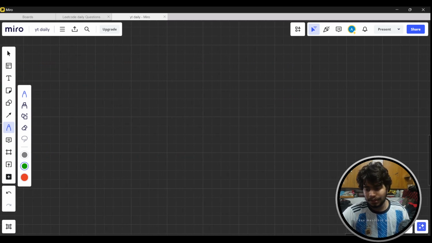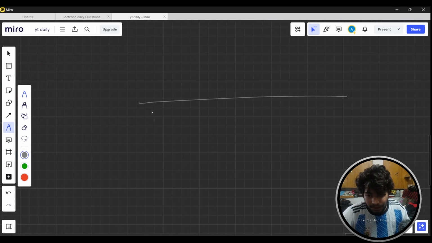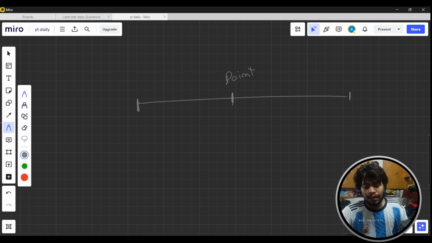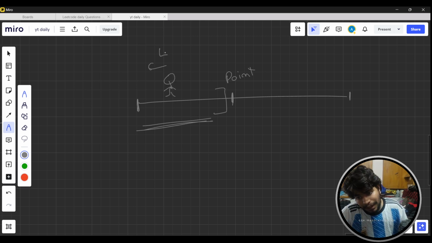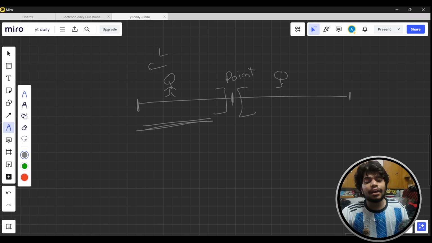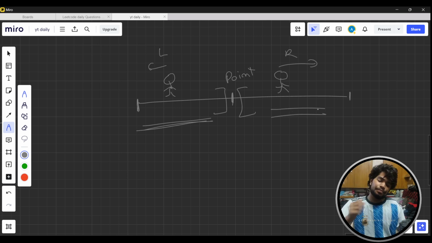I can say there will be no collision when we reach a point where all the smaller coordinate robots will move in the left direction, and all the higher coordinate robots will move in the right direction. Then there will be no collision. It does make sense.